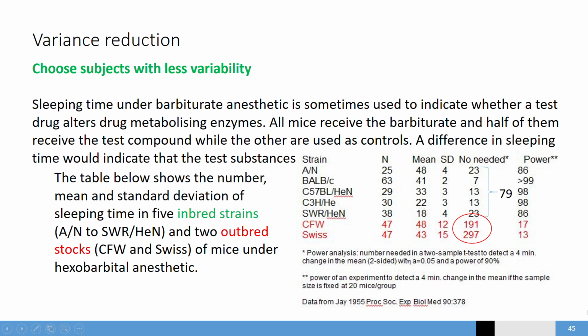And we want to detect changes of 4 minutes, and this 4 minutes is the gap size, the effect size that we want to detect. So how many animals do I need to detect this gap of 4 if the standard deviation is this much in each one of the groups?